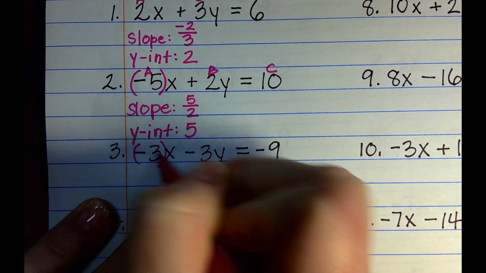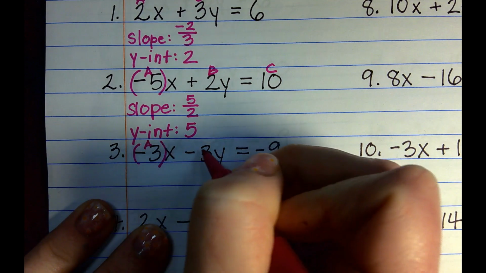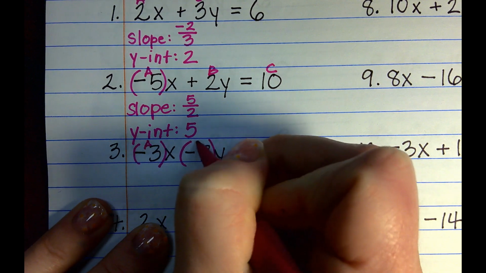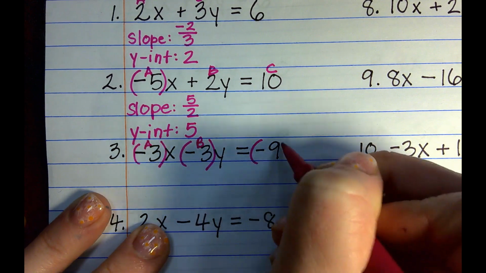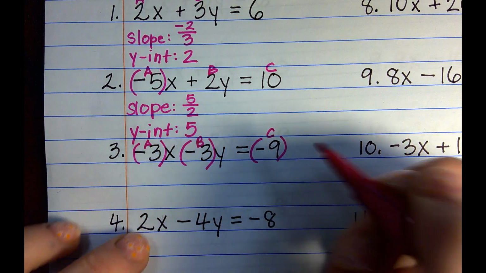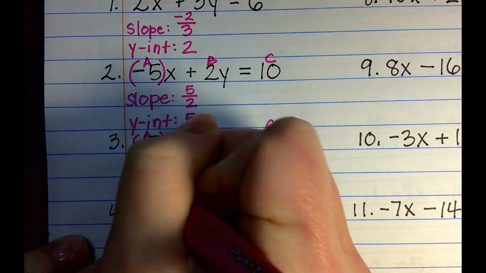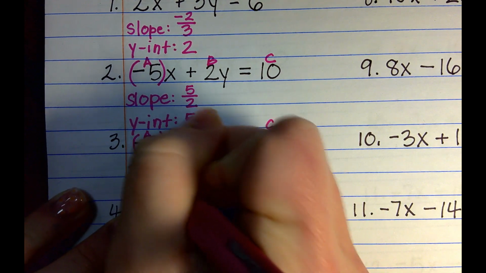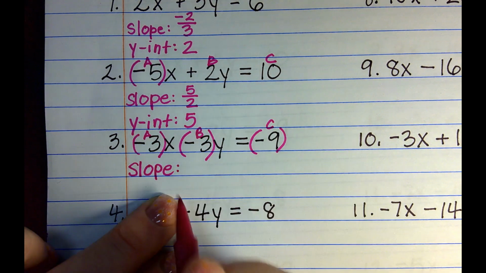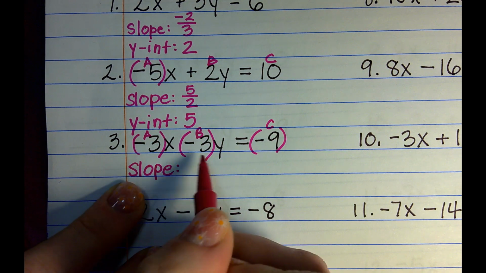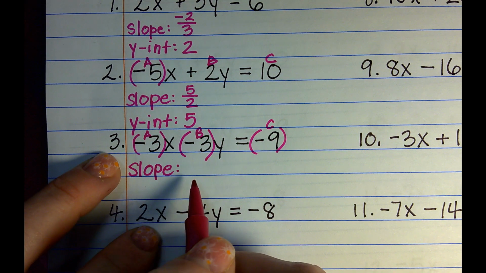We have -3 for A, -3 for B, and -9 for C. We got 3 negatives here. So using -A over B, what is our slope? 1 over 1? So let's see.